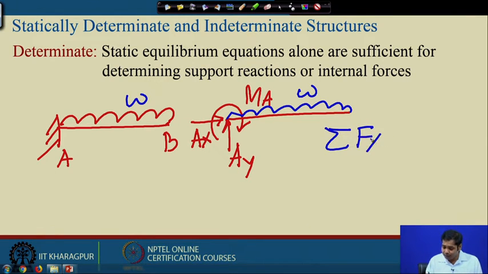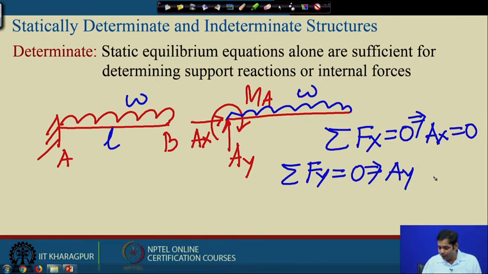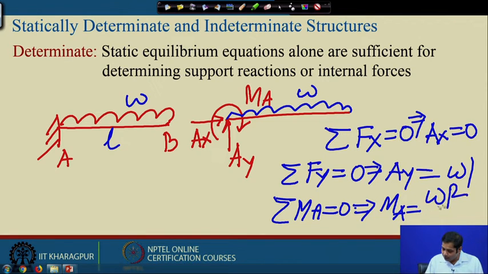If we write the summation of Fy equal to 0, then, if the length is L, we get AY equal to W times L. If we write the summation of moments about A equal to 0, this gives us MA equal to W L squared by 2.